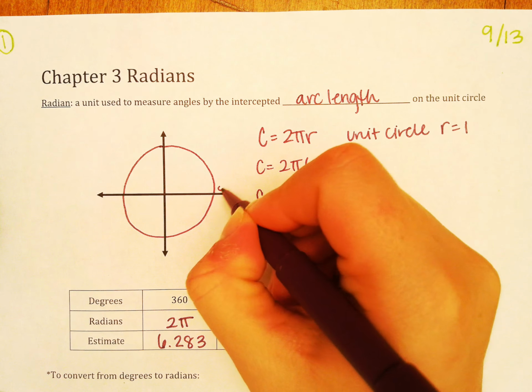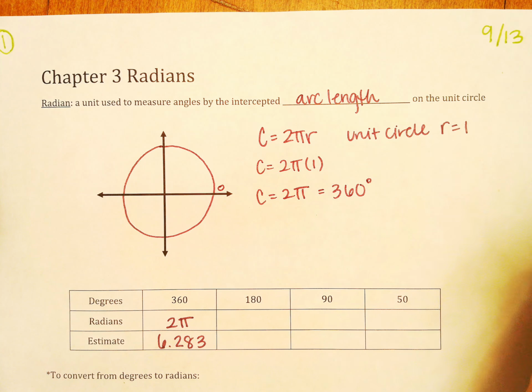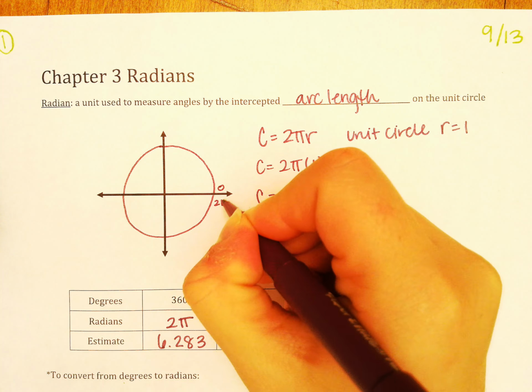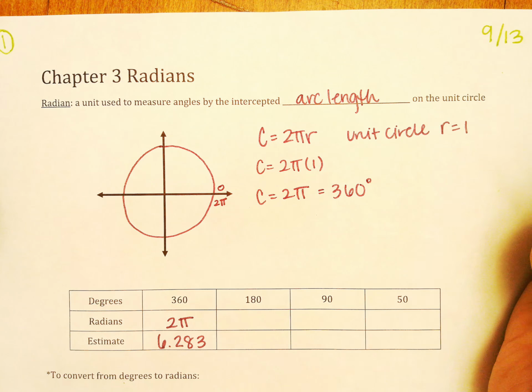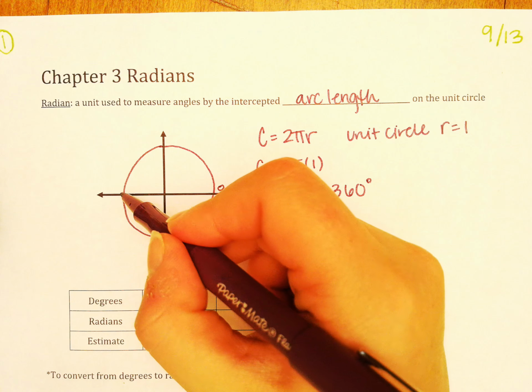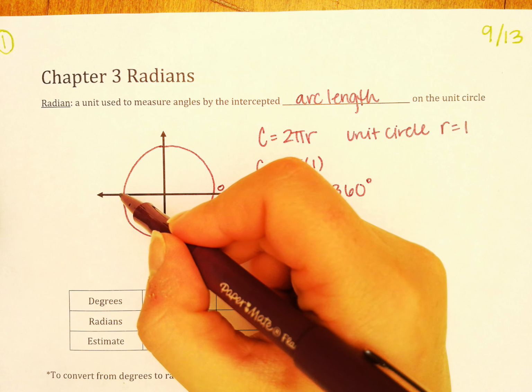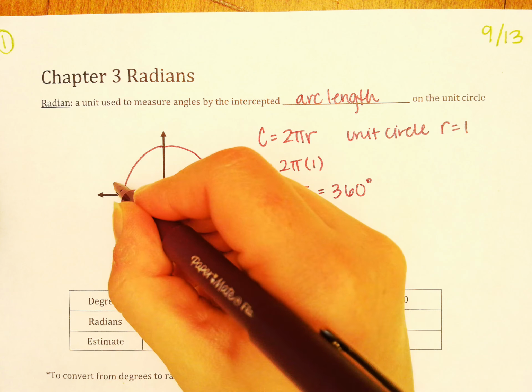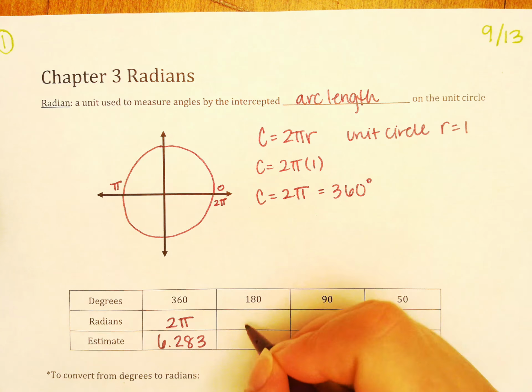So this would be 0 radians at the start, just like it would be 0 degrees. And I go all the way around my circle and I get back to 2 pi or 360 degrees. So halfway around my unit circle would be 180 degrees, but in radians it's halfway around 2 pi, which is just pi.